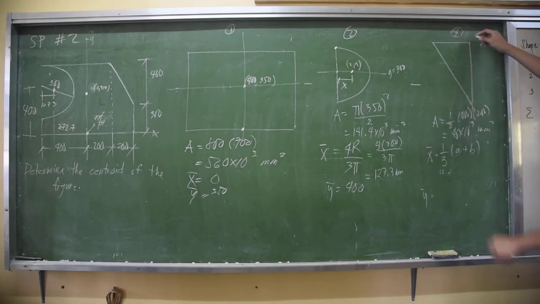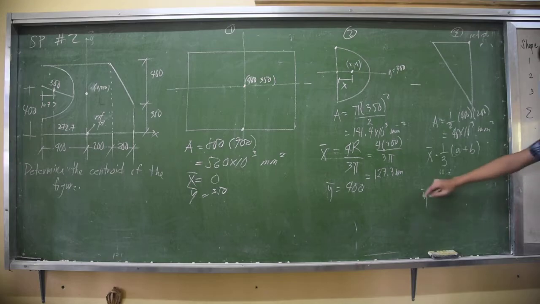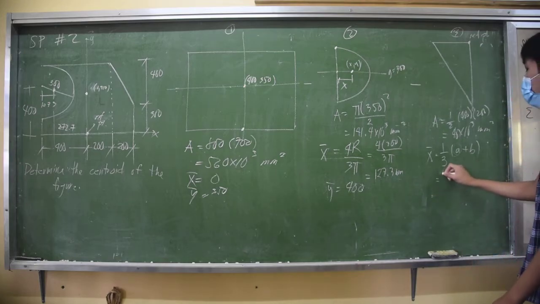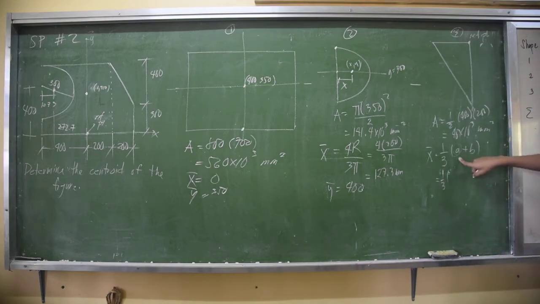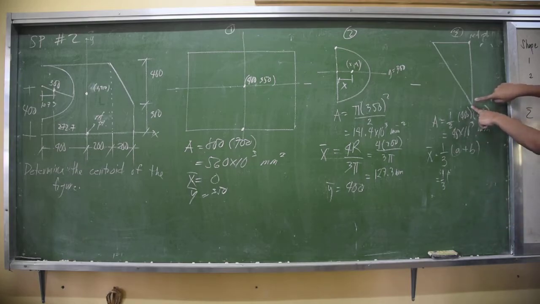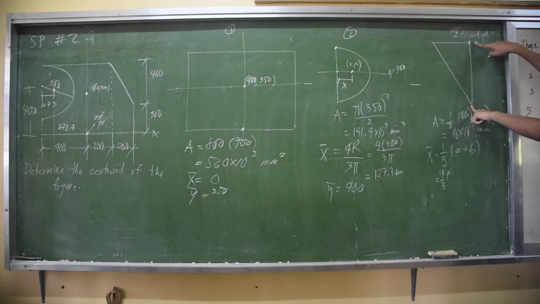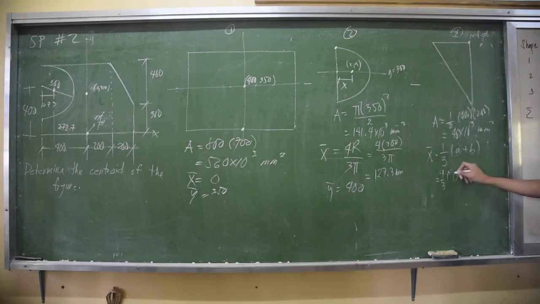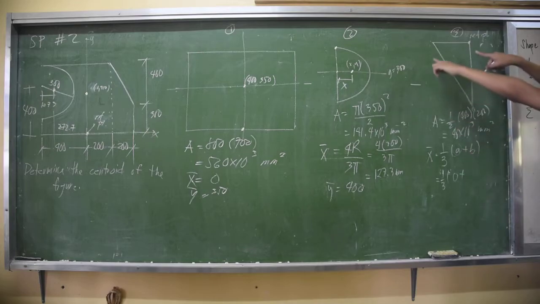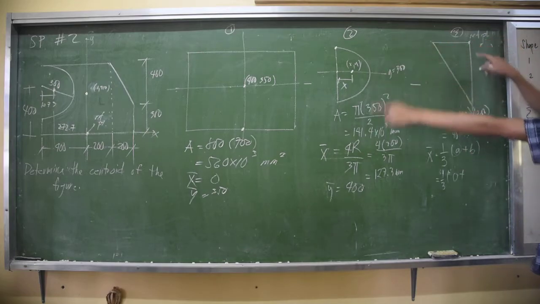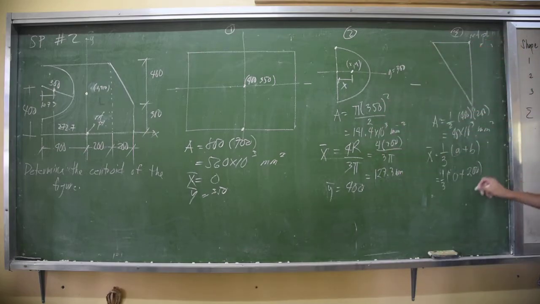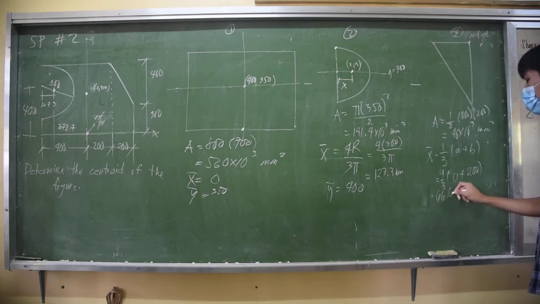For example, this will be our reference point for the triangle. So 1/3, a is the horizontal distance between the tip of the triangle and our reference point. Since there is no horizontal distance, because they are aligned, that is 0. Plus the b, which is your base of the triangle, which is 200. So that is equal to 66.67 mm.